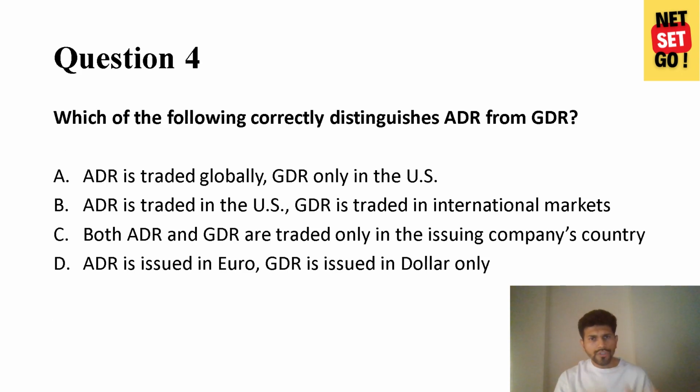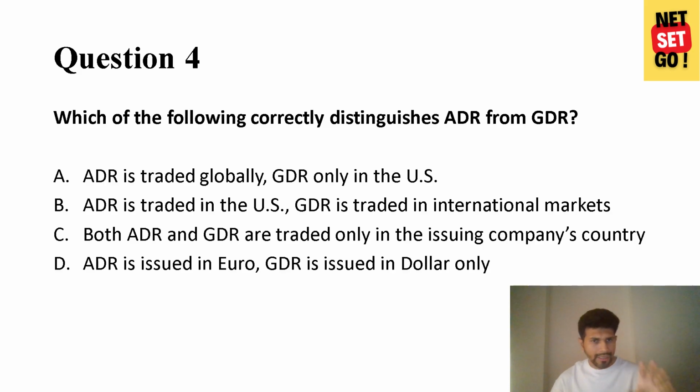Next, which of the following correctly distinguishes ADR and GDR? ADR is traded globally? No. Second, ADR is traded in the US and GDR is traded in the international market. True, B is correct. Let's check option C. Both ADR and GDR are traded only in the issuing company's country?